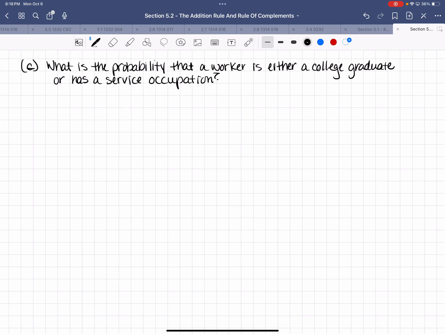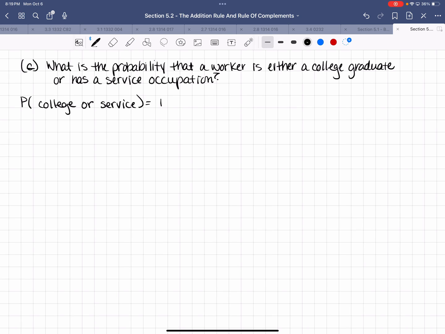Okay, so this is another general addition rule. Okay, so we want the probability that we're a college graduate or service occupation. So I'm going to say service.